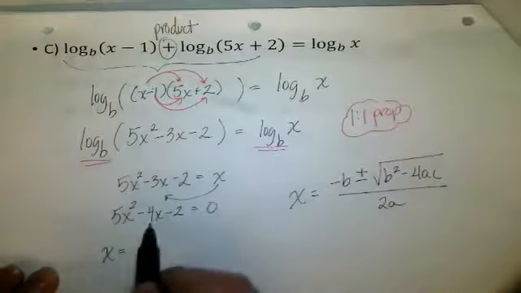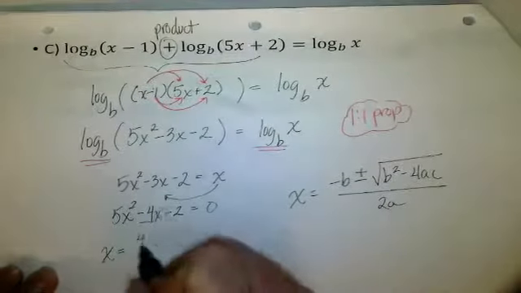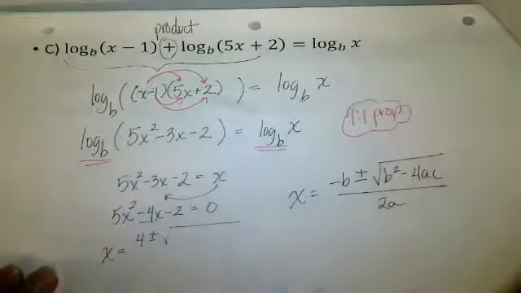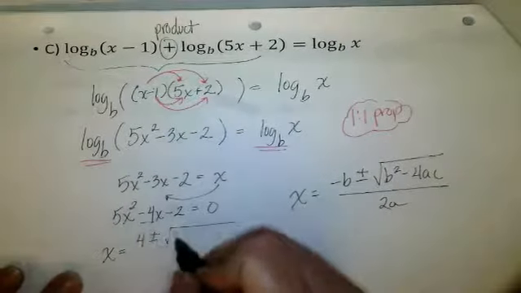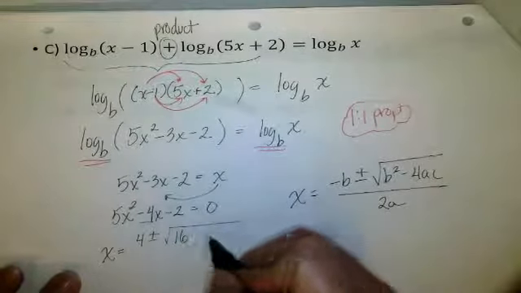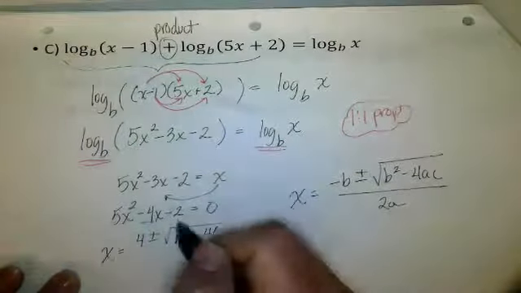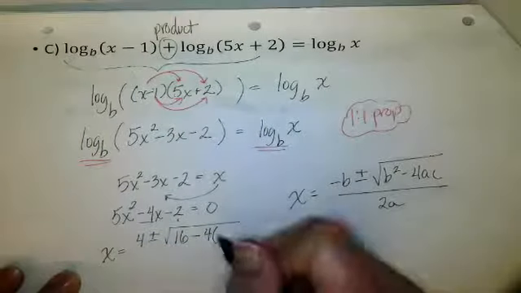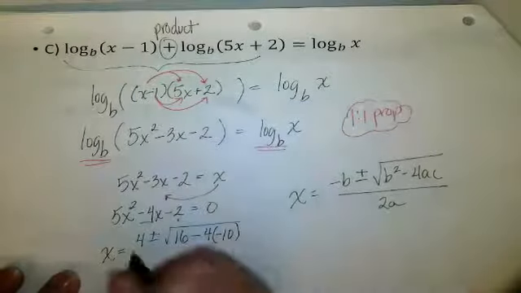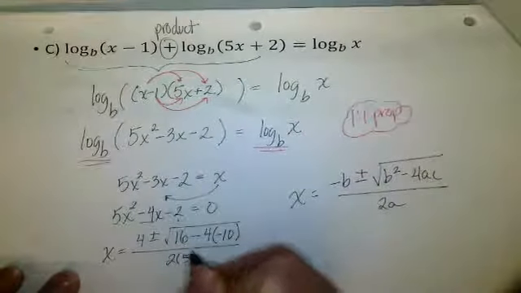All right. So the opposite of b would be positive 4 plus or minus the square root of b squared, 16, minus 4 times a times c. I like to do those together. So that's negative 10, all over 2 times 5.